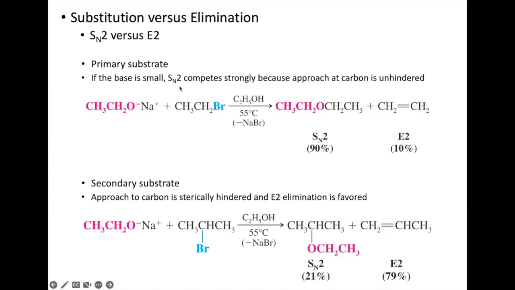No? So dominant ang SN2 versus E2 because your carbon is unhindered. Remember, for SN2, it is important that the carbon, the partial positive carbon, is unhindered, less steric effect.